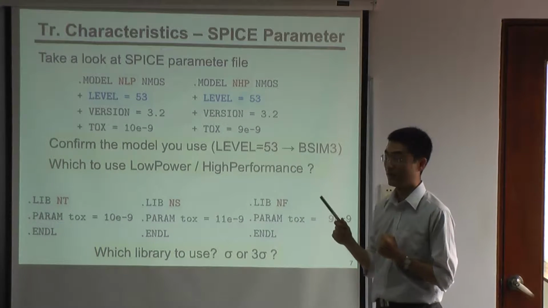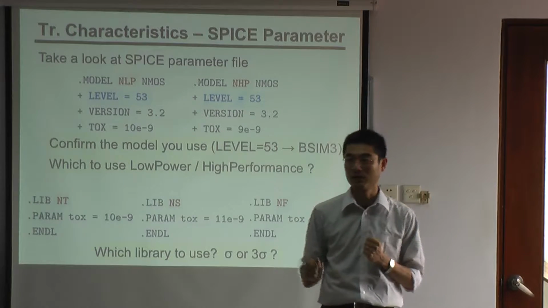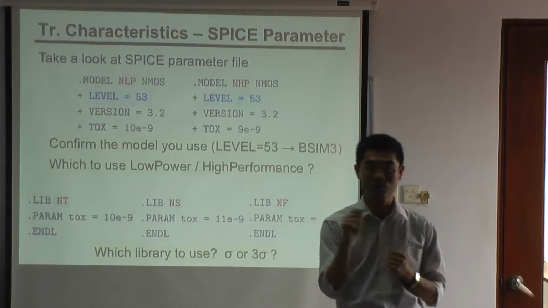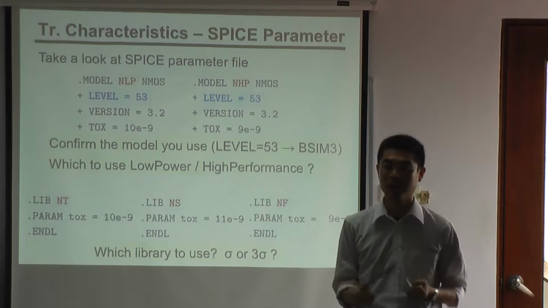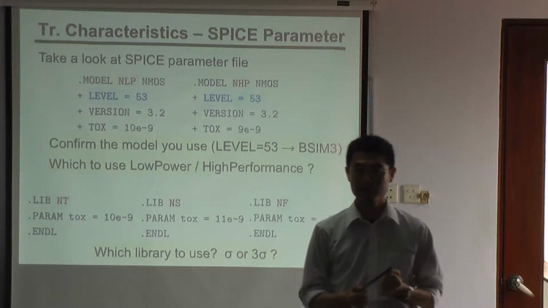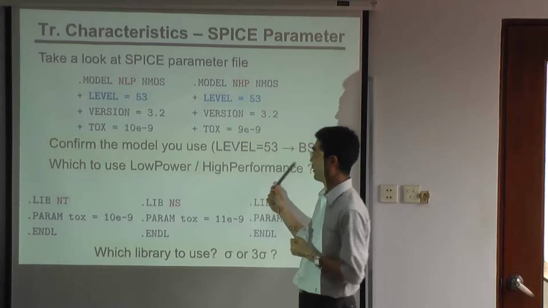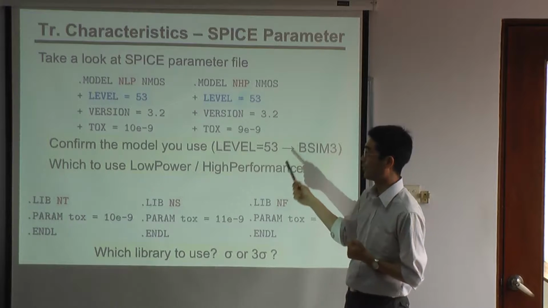And sometimes, for example, high performance might be an option, and we have to pay additional fees to use high performance. In that case, your team has to decide this time we use only low power. And of course, all of you have to decide the same model and same transistor parameters.